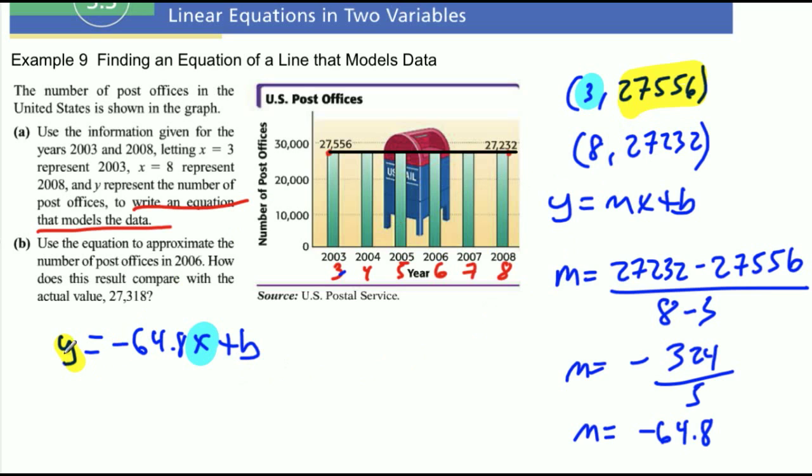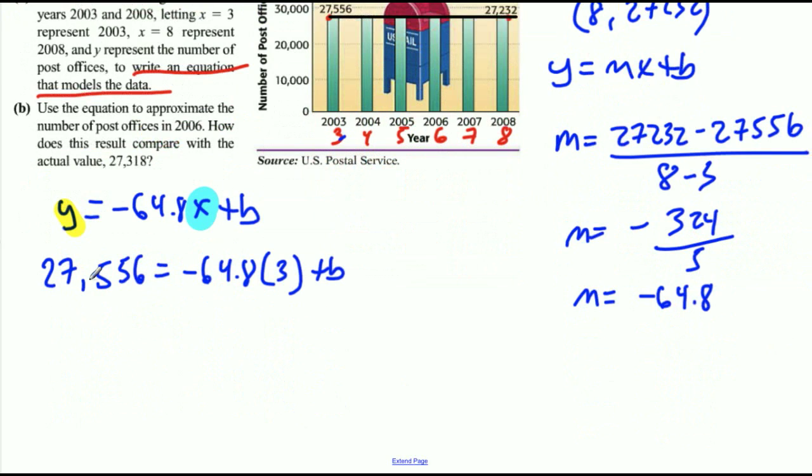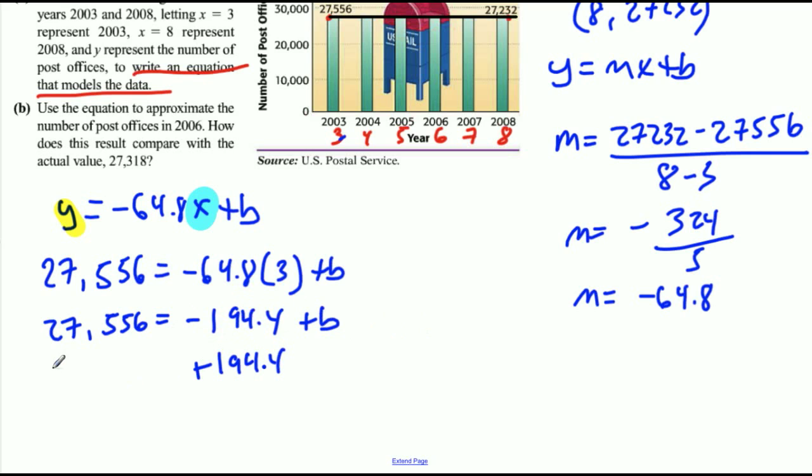So let's replace y. 27,556 equals negative 64.8 times x, which is 3, plus b. Do a little bit of math here. 27,556 will equal negative 194.4 plus b. Now we'll go ahead and add 194.4 on both sides.